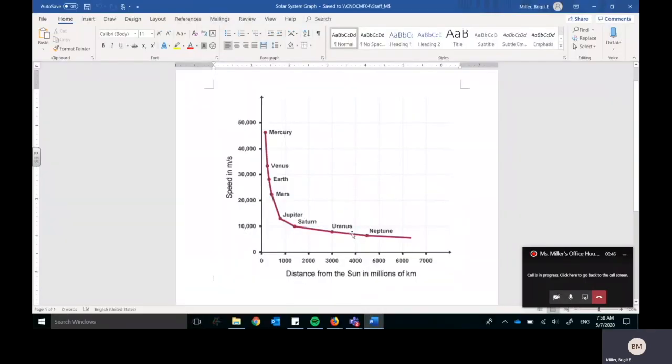So sure enough, Mercury has the highest velocity in its orbital motion around the sun, and then going out, it's slower and slower, and sure enough, it looks like an inverse or rational function, and it's following that same function, that velocity or speed is equal to some constant times 1 over x to the 1/2, or the square root of that distance. So it holds true for our solar system.